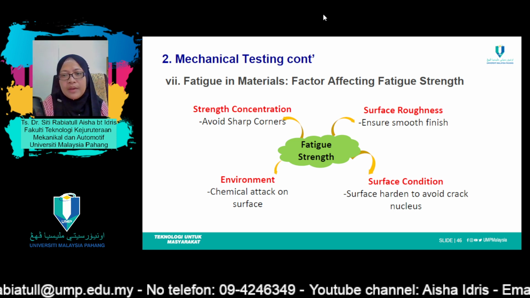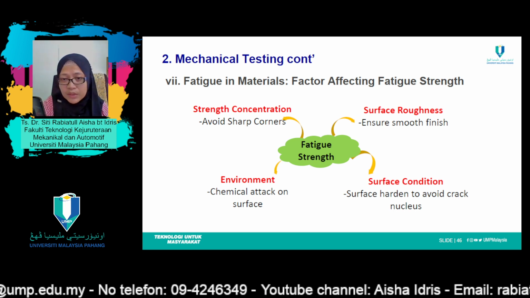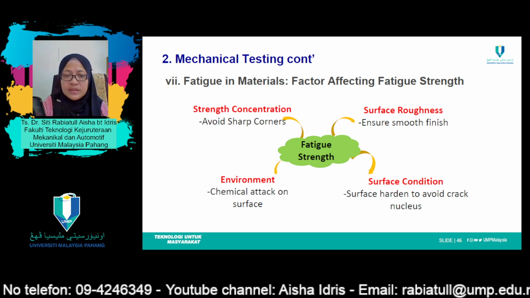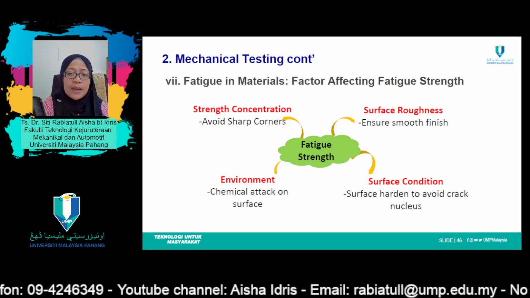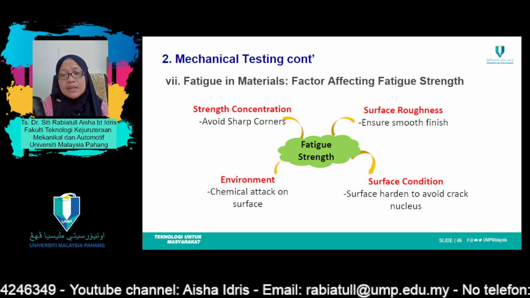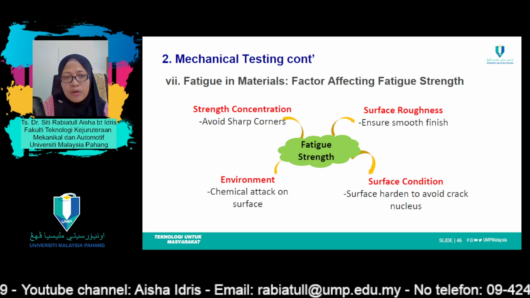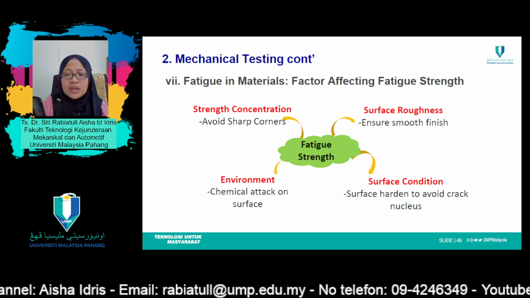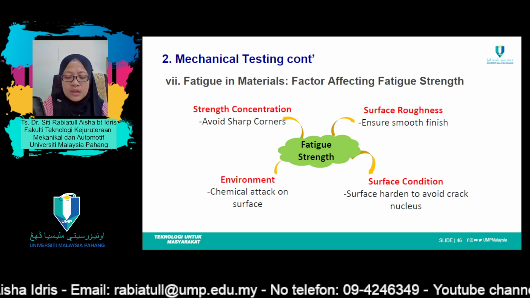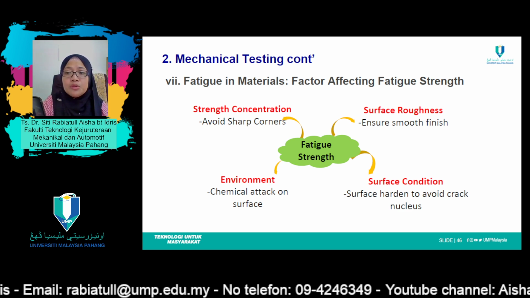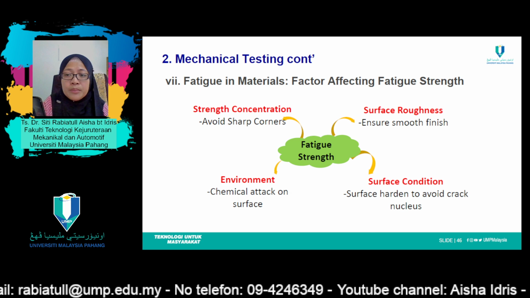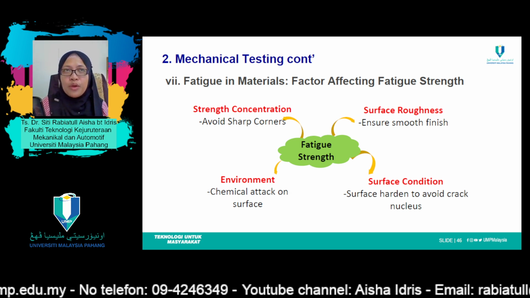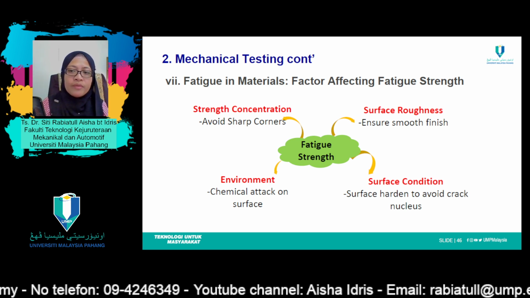Fatigue strength can be affected by several factors, which include stress concentration. That is why in any design, we need to avoid sharp corners and use fillets instead. Number 2, surface roughness. The surface of the specimen needs to be smooth, with a lower value of roughness.